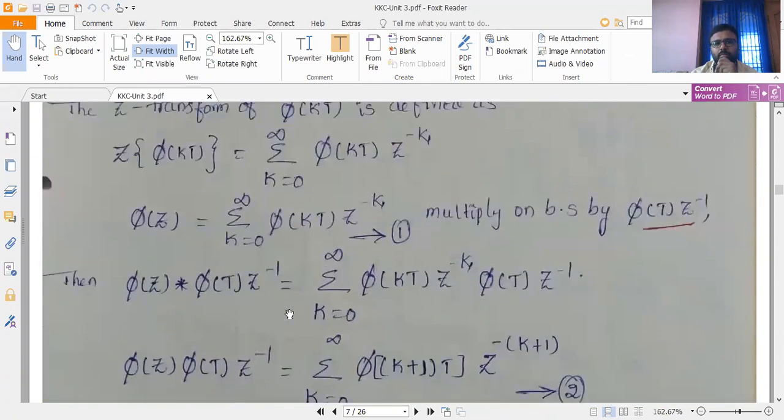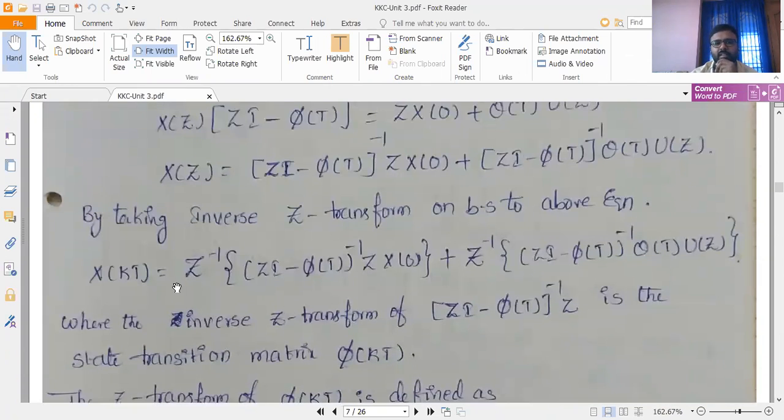Okay, so this is the inverse Z transform for the equation.